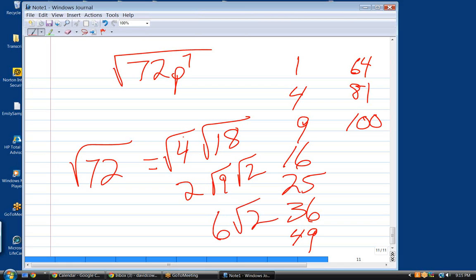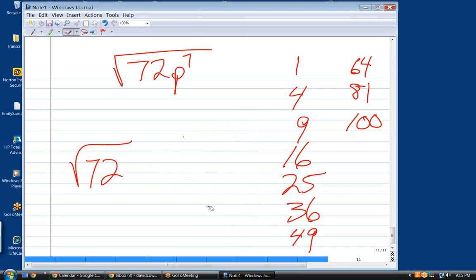In other words, you kind of break it down in smaller chunks. And that's okay. You don't have to immediately identify the greatest factor that's a perfect square. You can almost always start with 4 or 9. Usually those are going to be divisible into it, if it's simplifiable, that is.